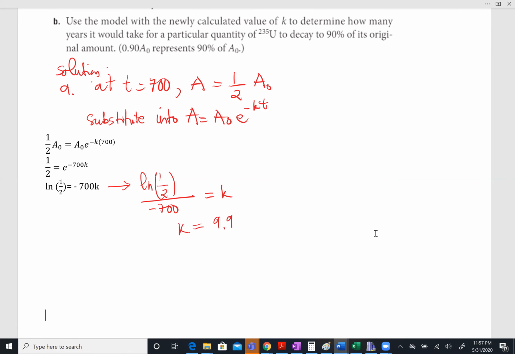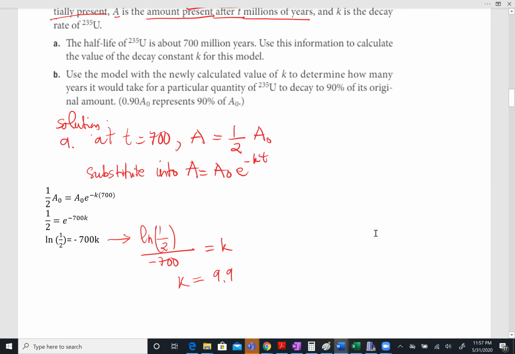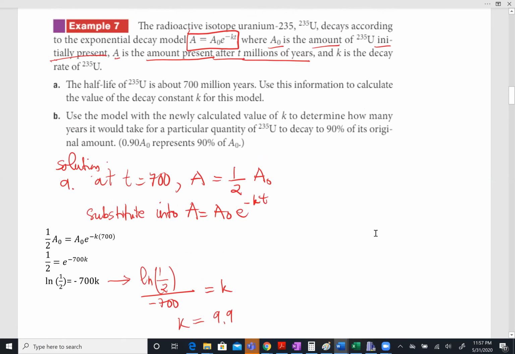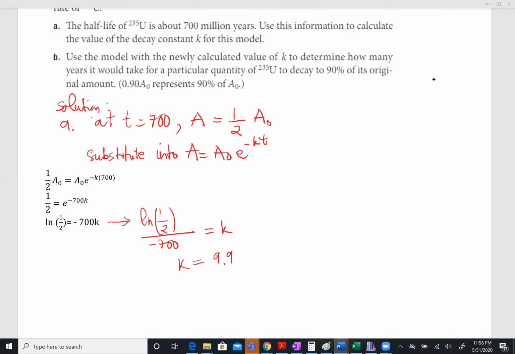I'm going to have 9.9. They don't tell me what decimal number they need, so I can just use 2 significant digits. So it's going to be 9.9 times 10 to the power negative 4, which is approximately 0.00099.